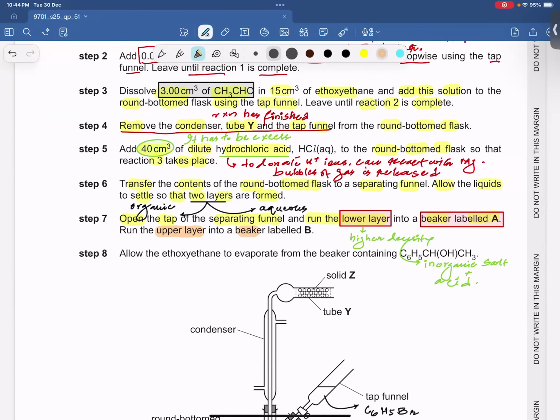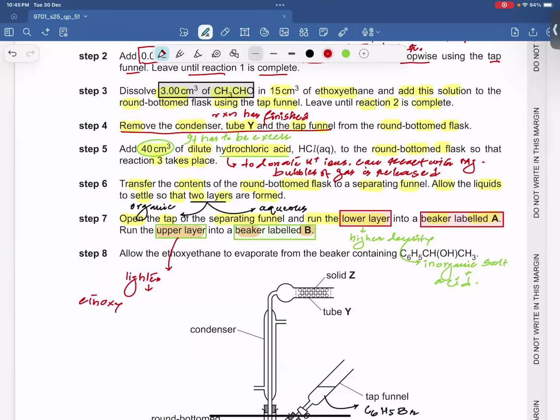upper layer labeled beaker B. So this beaker B contains the upper layer, and the upper layer is basically lighter, and that means it belongs to ethoxyethane and ethanol.